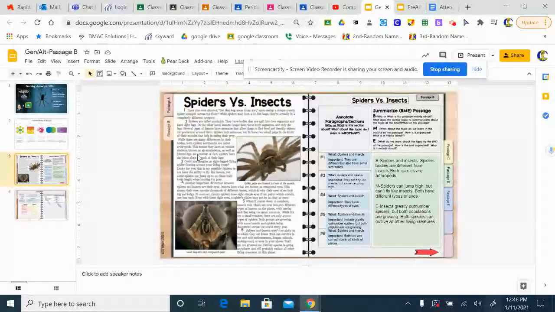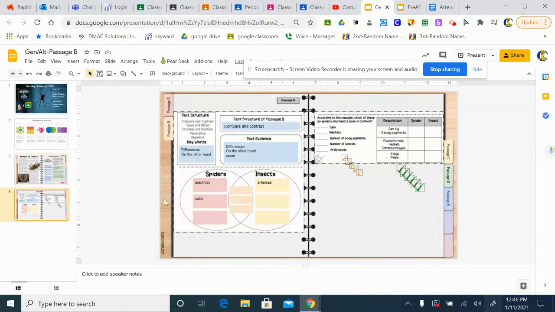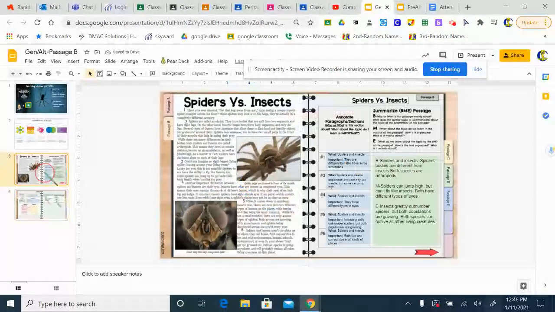Okay, and you continue reading here. It says even though they're both different, they both, which means they have the same, they are both called arthropods. So that would be what you find in the middle because that's what they have the same. Okay, arthropods. Okay, then you continue going down.